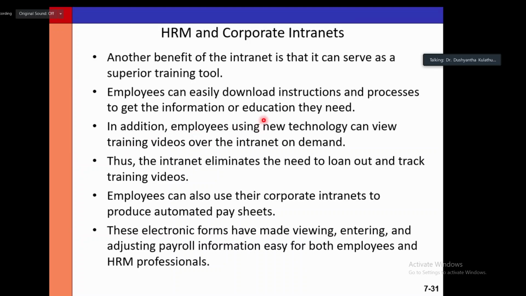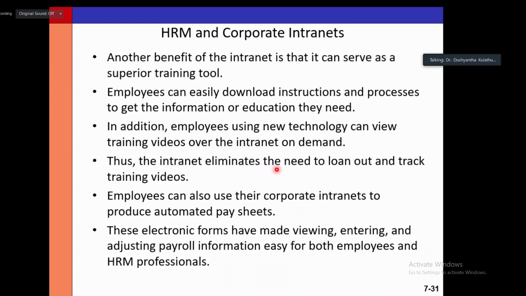That can also help the learning and education process. They can watch the video whether they are in the office, outside the office, or at home. They may be in a position to access those videos and learn.